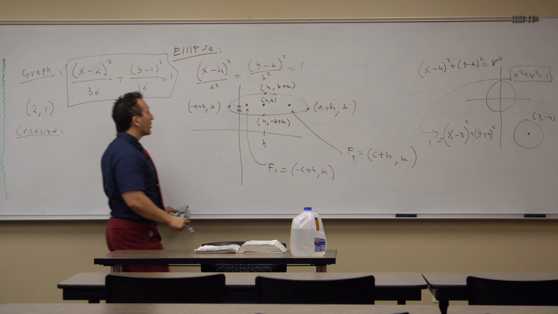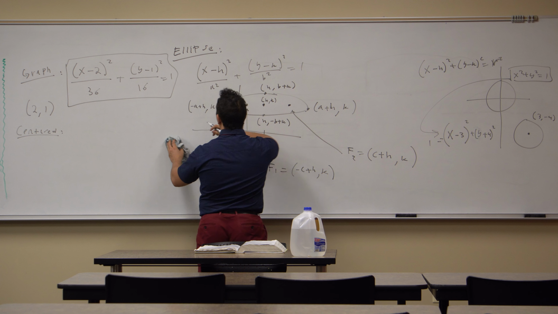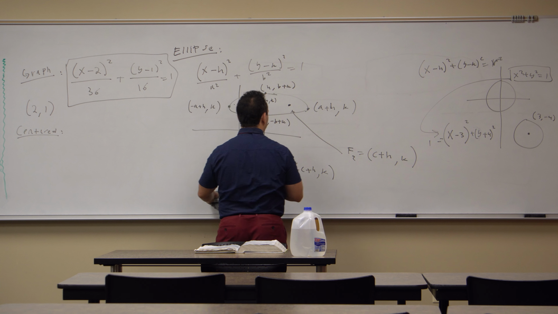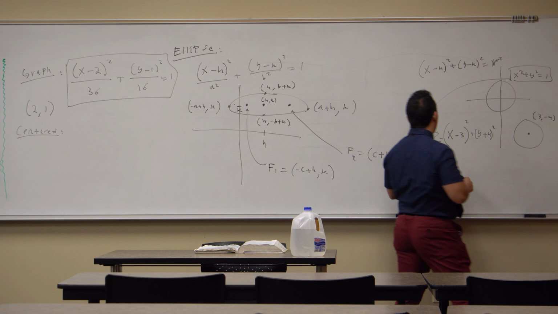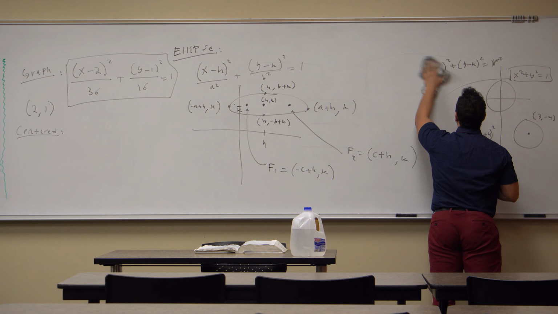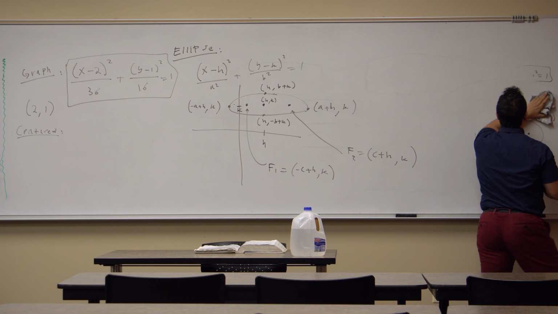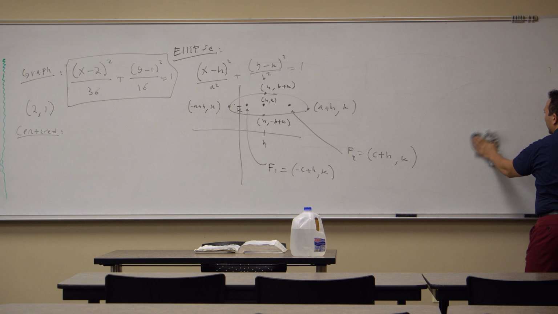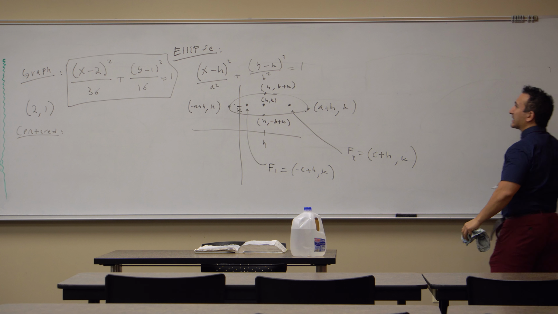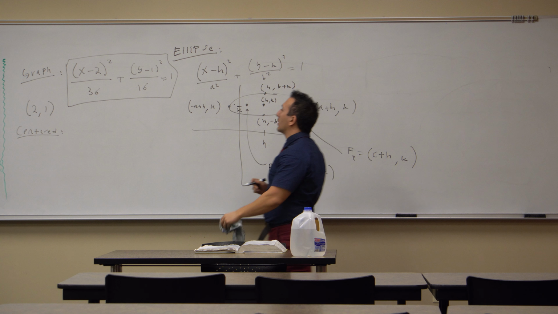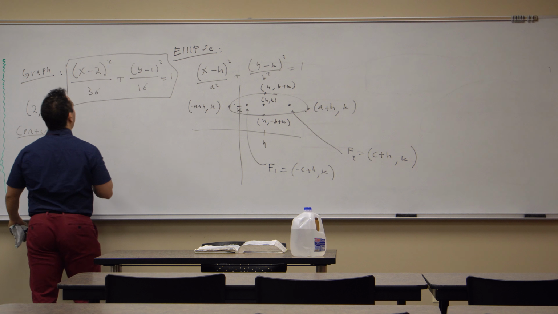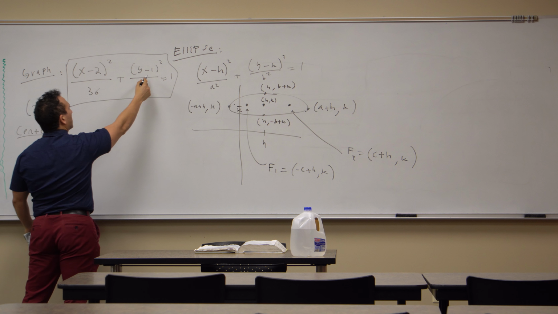Okay? So now notice, what we can do is we can actually treat this shift with the appropriate facts here. My suggestion to you is act like the ellipse has not been shifted at all. What do I mean? Alright? Ignore this 2 and ignore that 1.